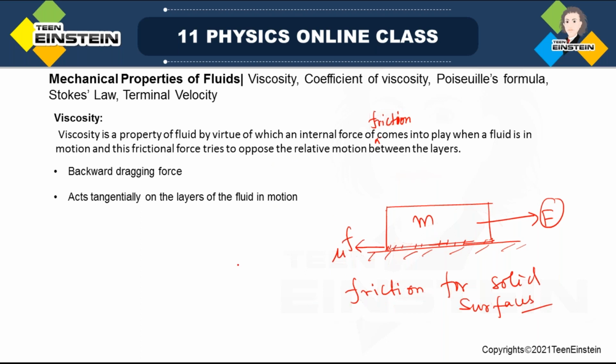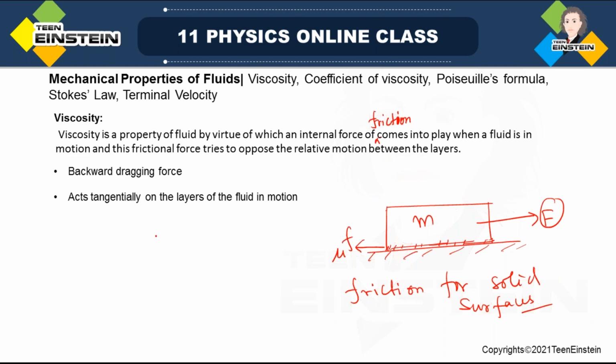Now here we'll be learning friction for liquid surfaces or liquid layers. So this is the friction within the layers of liquid.